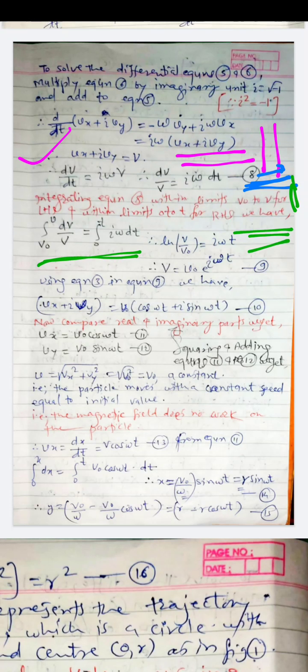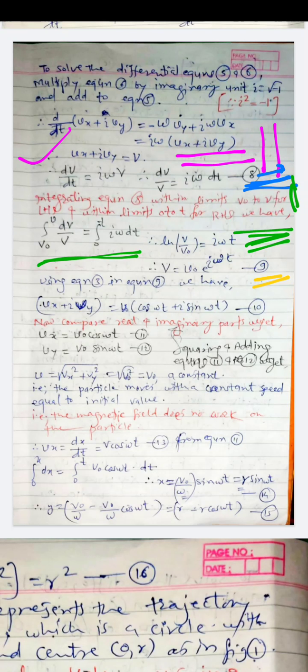It takes the form log of v upon v0 equal to i omega t. Hence, v equals v0 e raised to i omega t, equation number 9.